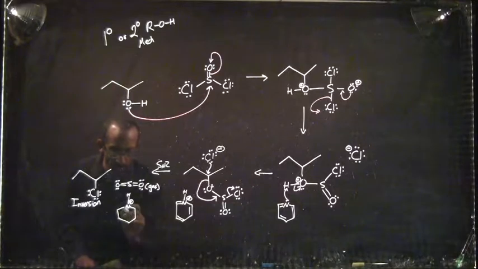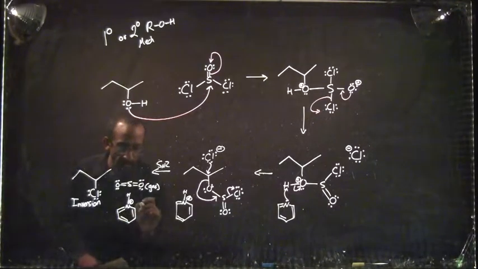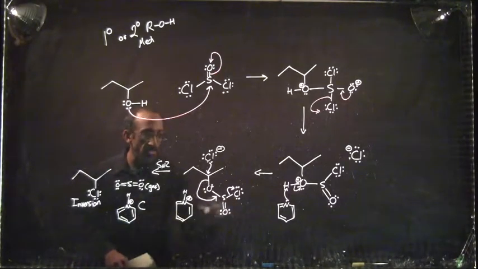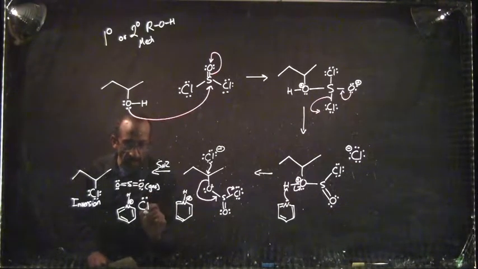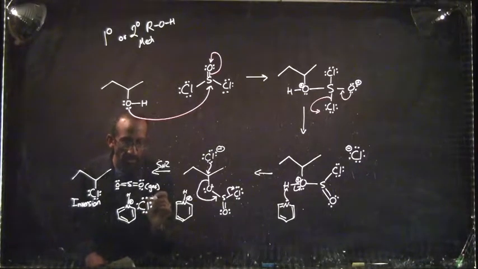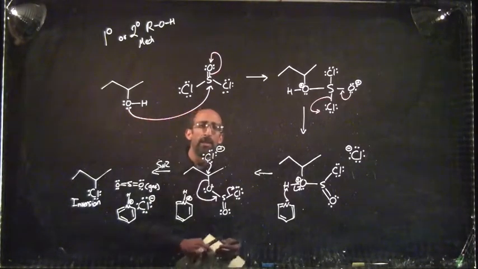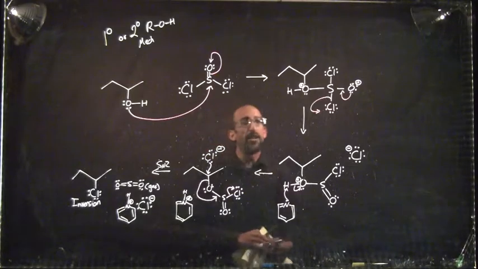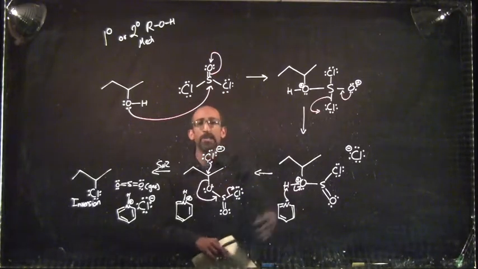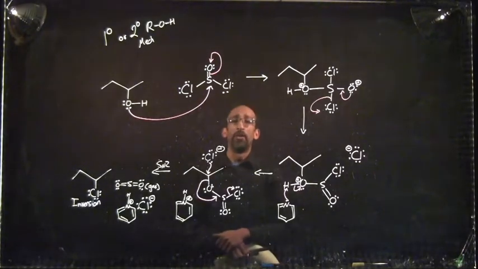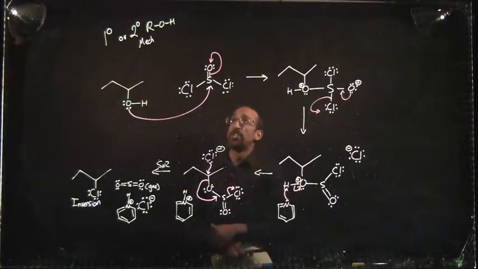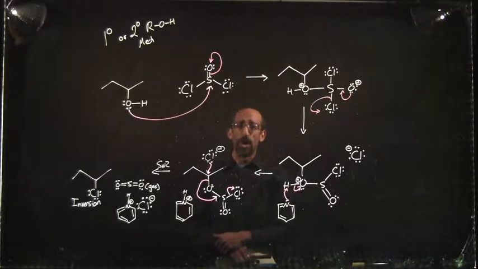You could use triethylamine, equally effective. And its counter ion is this displaced chloride from sulfur. So that once again, we maintain overall charge balance through every step of our reaction. So here now is the arrow pushing that I expect you to know for our conversion of primary and secondary alcohols to alkyl chlorides.